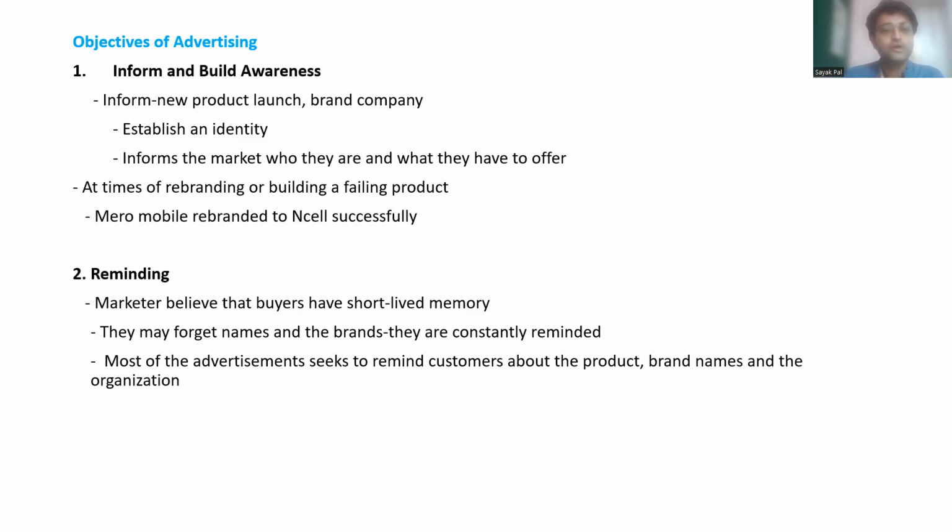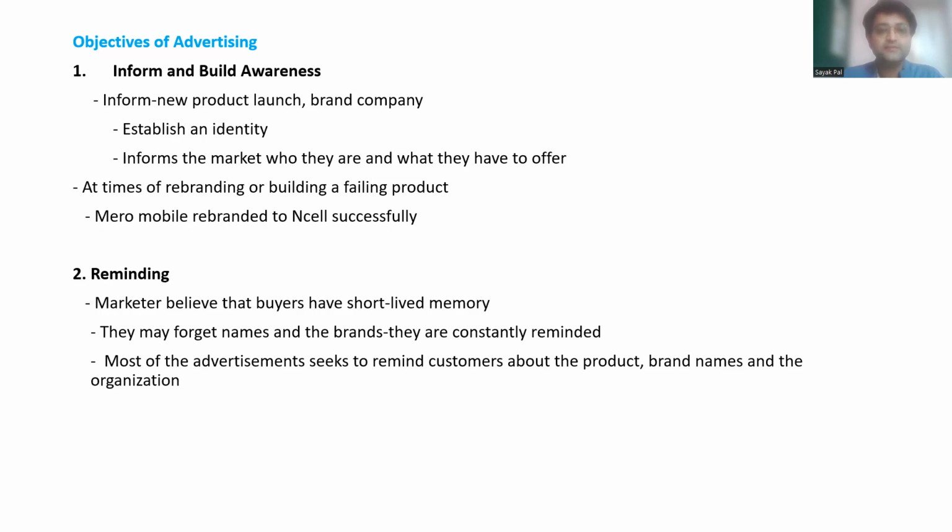Maybe they are not going for television, print or radio advertisements because they are very costly. But what they are doing is putting up long banners, big banners where they are inviting people. They are actually trying to grab the attention of the people on the offering of the brand, right? They may forget names and brands, so they are constantly reminded.